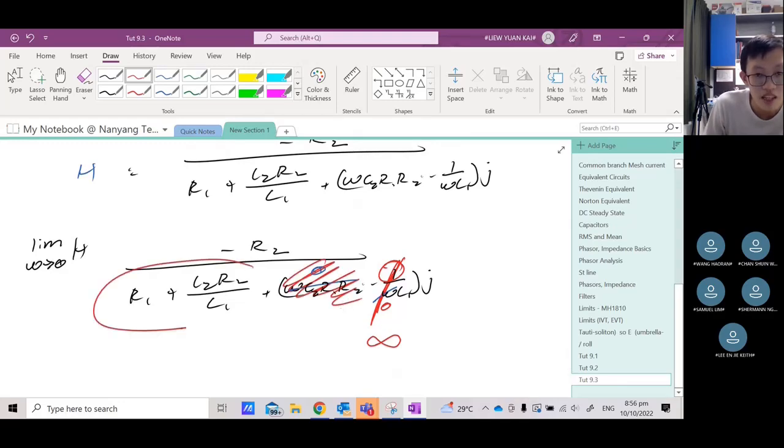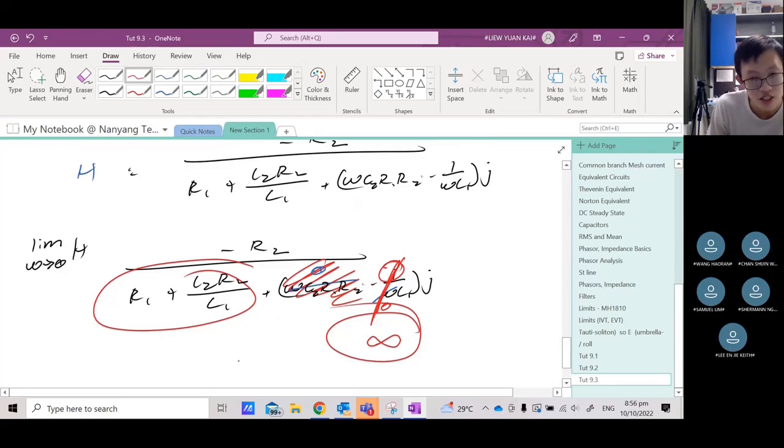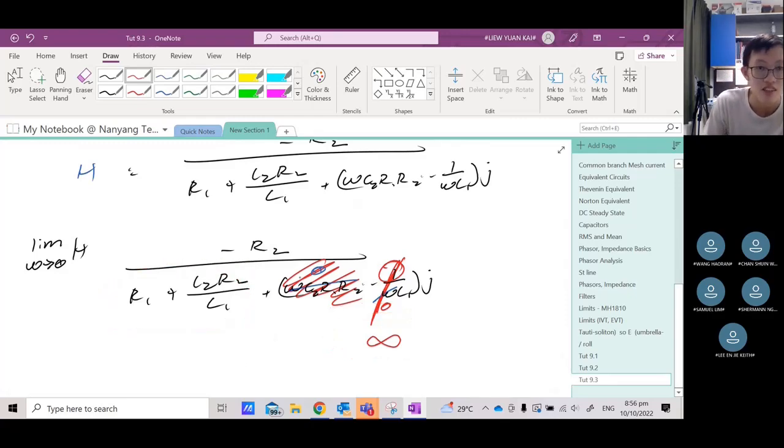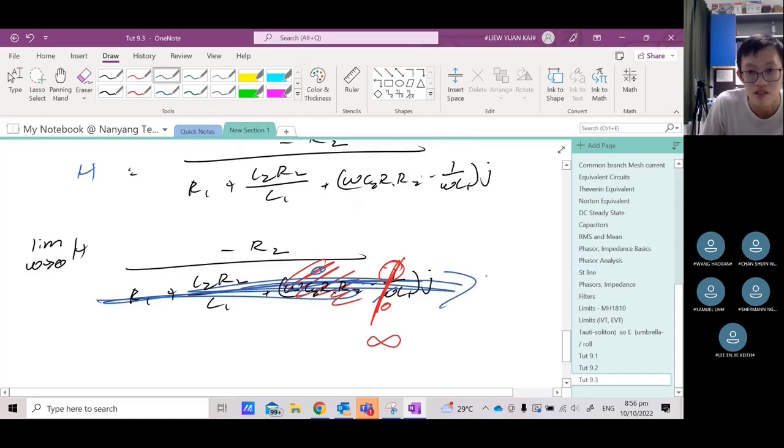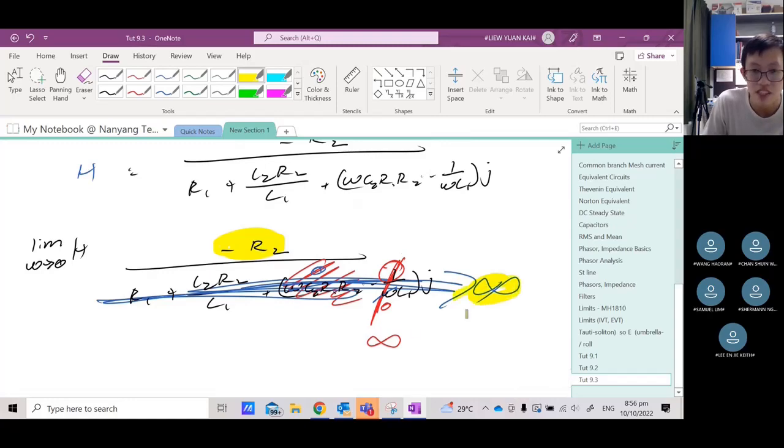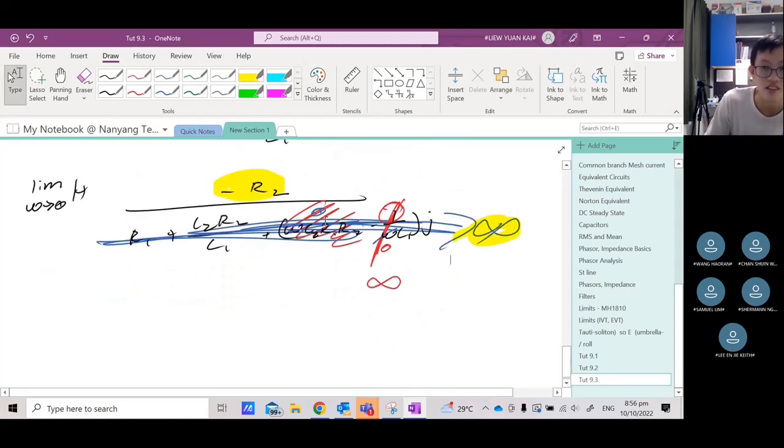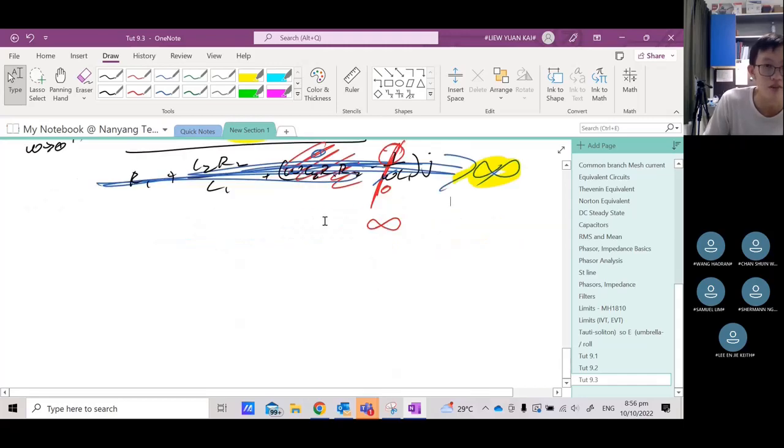Then something plus infinity should be infinity, correct? So the whole denominator is actually infinity. Then something divided by infinity will be 0, right? A constant divided by some huge number will become a very small number, which is 0.